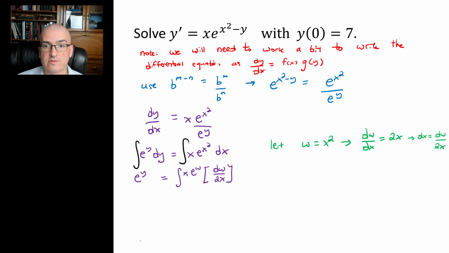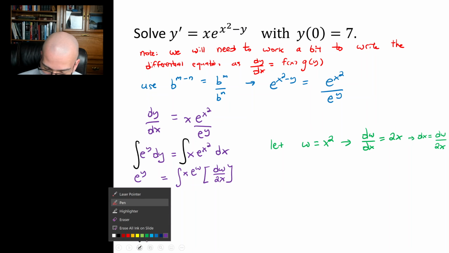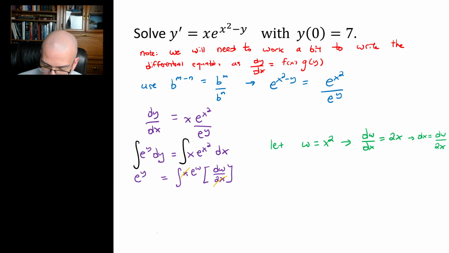The x's cancel, so we've completely transformed the right hand side. It's all that stuff from before, it doesn't get thrown away. We could put the 1/2 out front. There's a 2 in the denominator underneath the dw, so I'll just put it in front of the integral to make it cleaner.